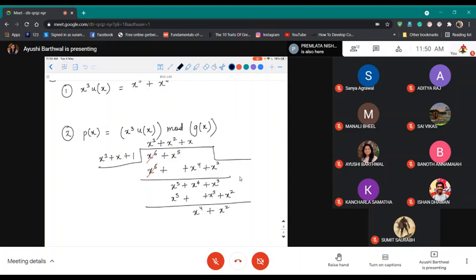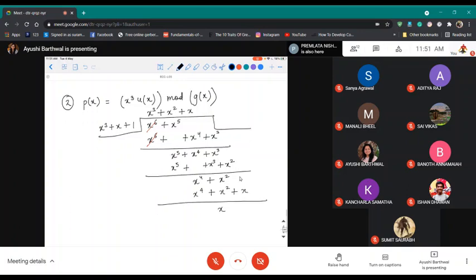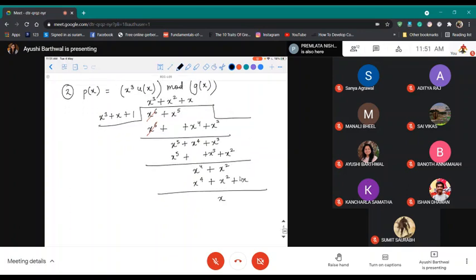Now again, adding x to the quotient, we get x4 plus x square plus x. That means we are left with x only.